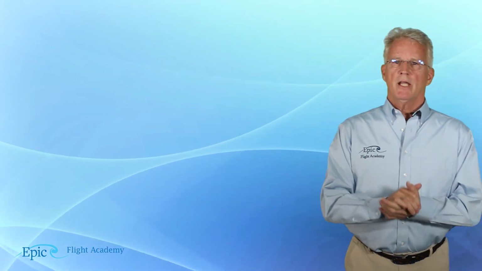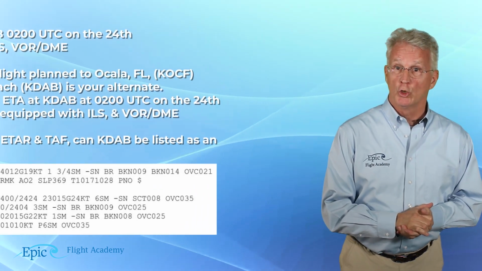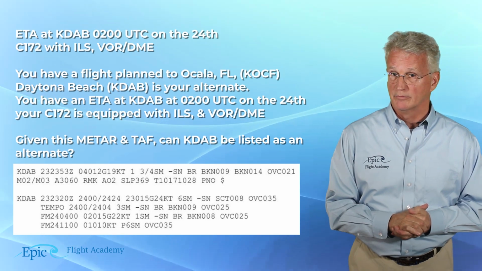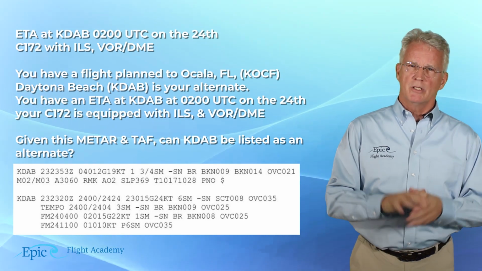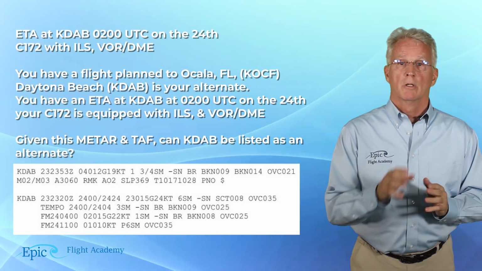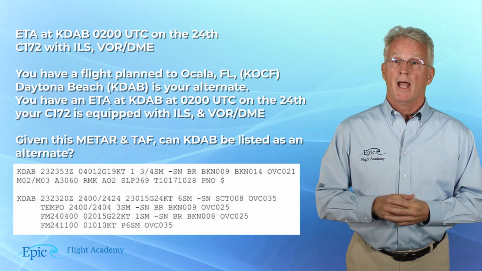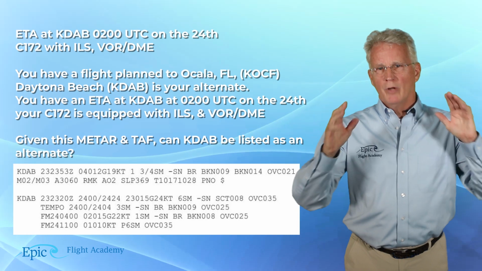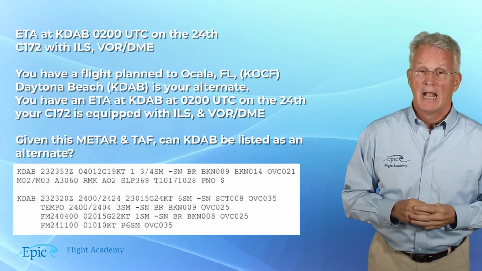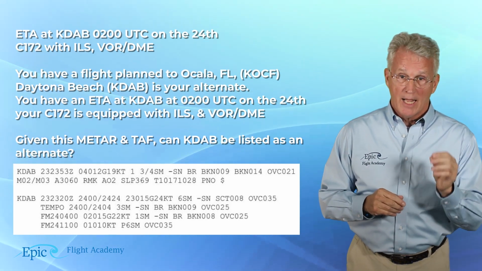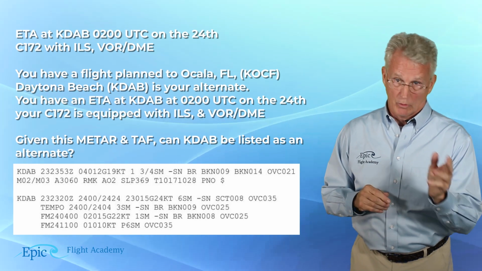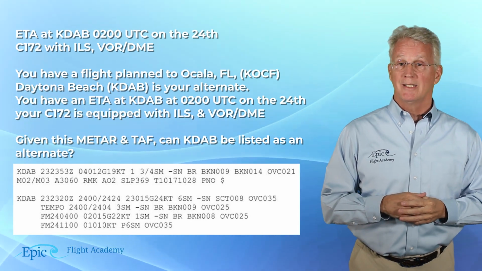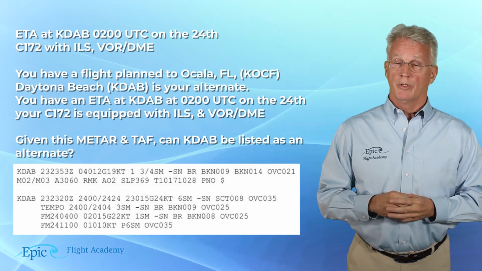Okay, let's say that you have a flight planned to Ocala, Florida, KOCF, and you have listed Daytona Beach, KDAB, as your alternate. Now, in our scenario, you have an ETA at KDAB, your alternate, at 0200 UTC on the 24th.